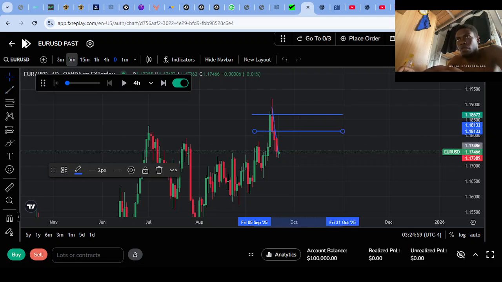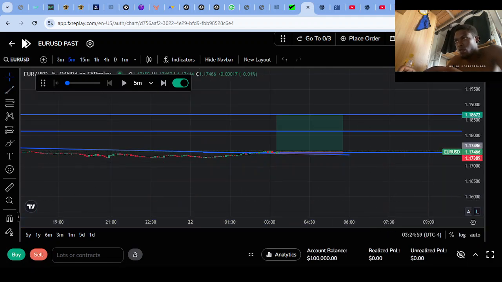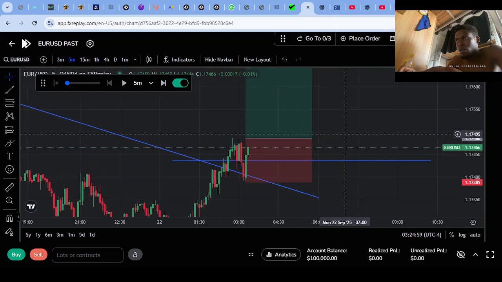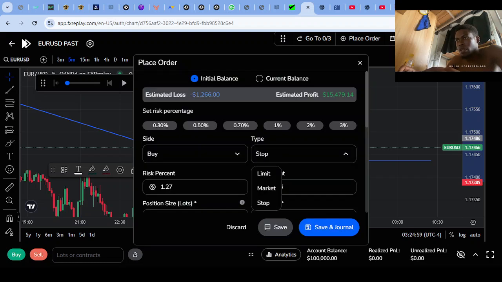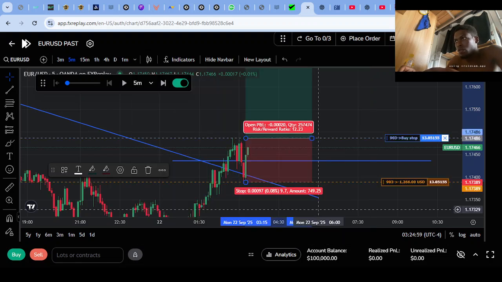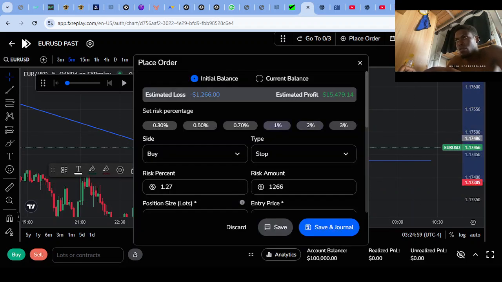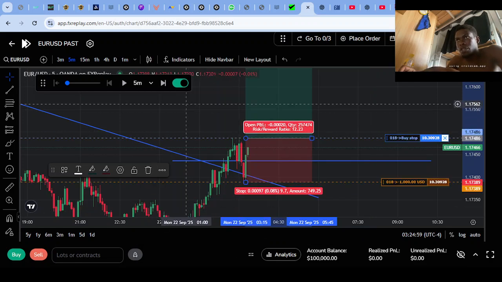All right. Now, going back up to the 5 minute, you want to put a buy stop over here. So we put a buy stop over here, we place an order, a stop order, and we're risking about 1%.